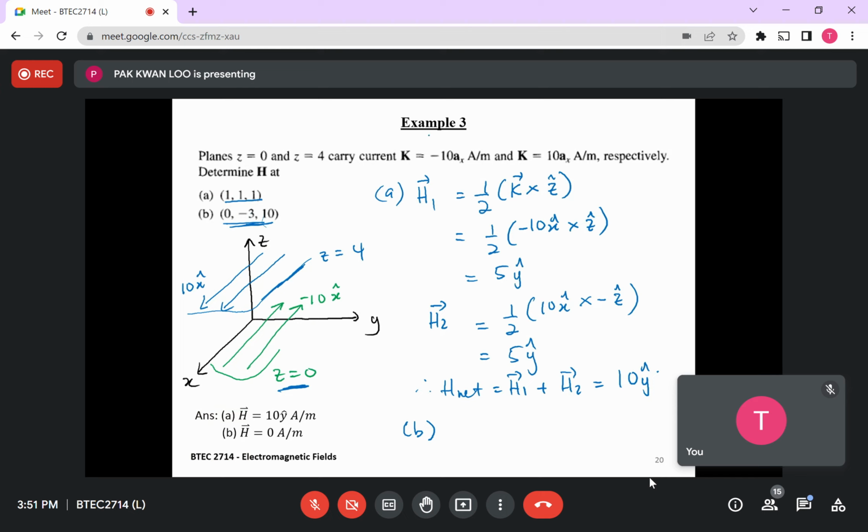Okay, before I move on, do you know why I said this is the negative z direction? How do I determine the direction here? As I said, 111 is in between the two planes.